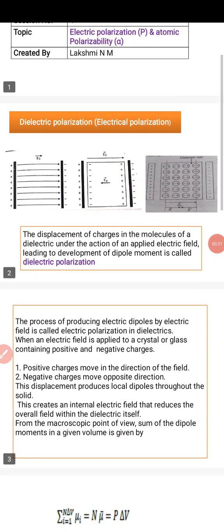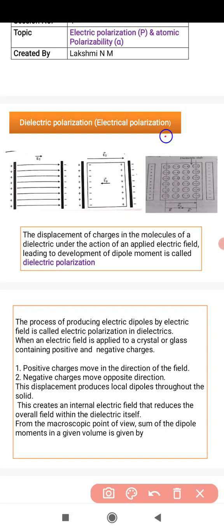So, dielectric polarization or electrical polarization. Here we consider two parallel plates of a capacitor, separated by a certain distance. In this gap we apply a dielectric material.